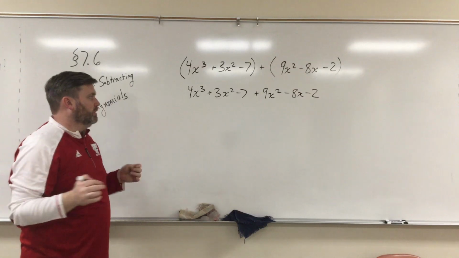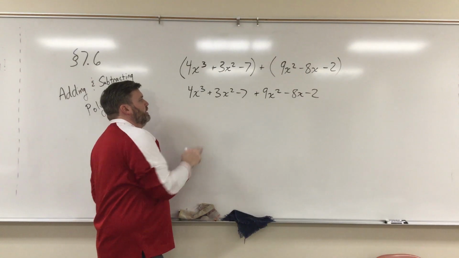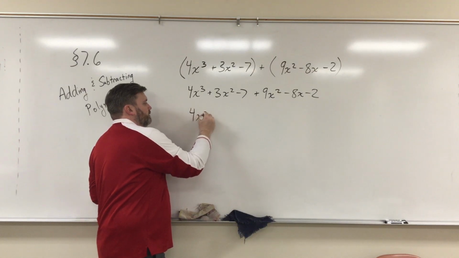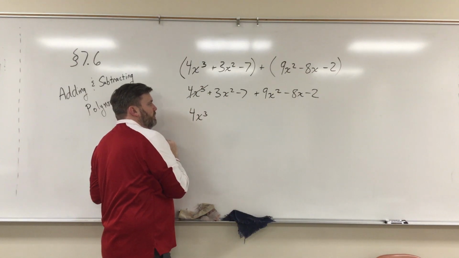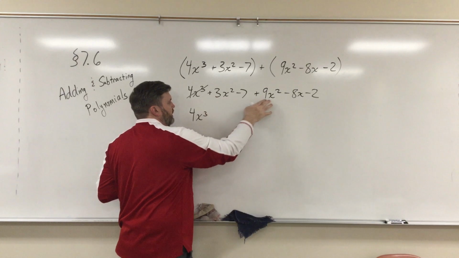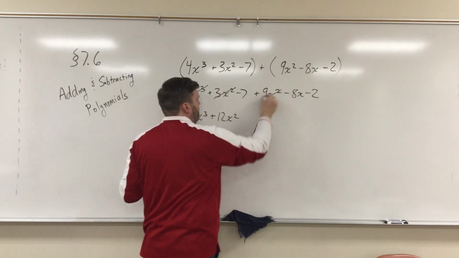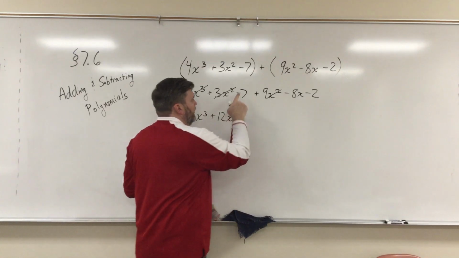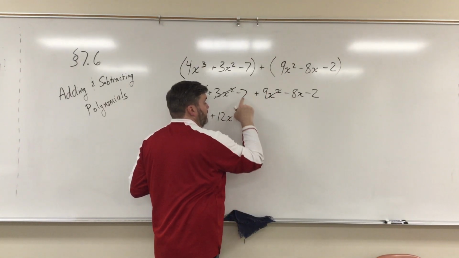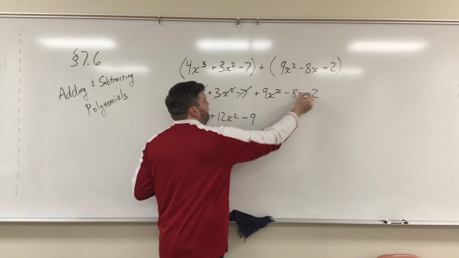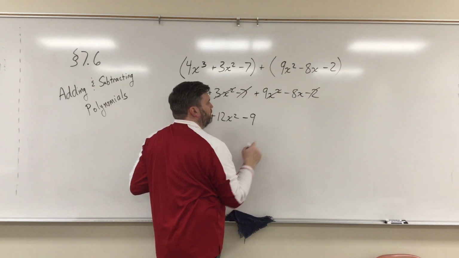And now it's time to go collect things that are alike and combine them. This is the only cube, so just drop it down. 3x squared and 9x squared, that is 12x squared. Negative 7 and negative 2 are negative 9. Had the answer in my head and said the wrong number.